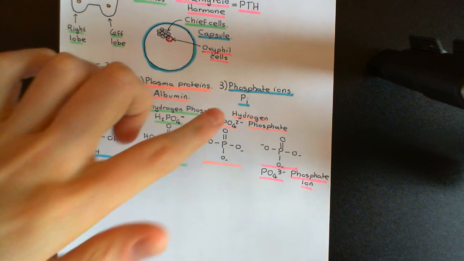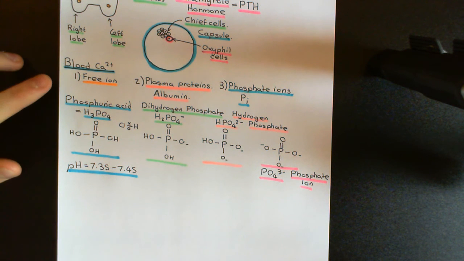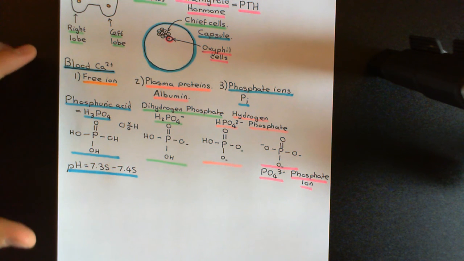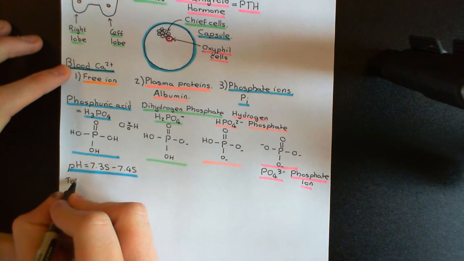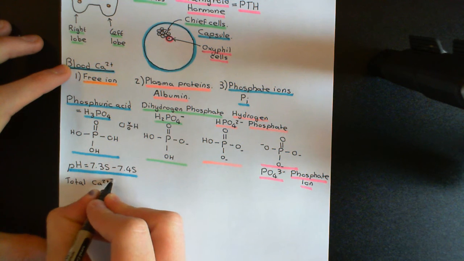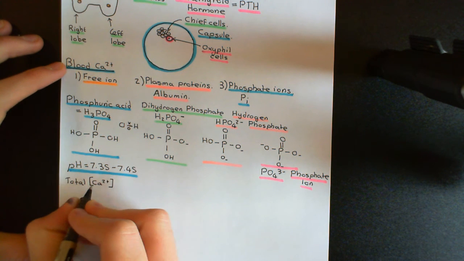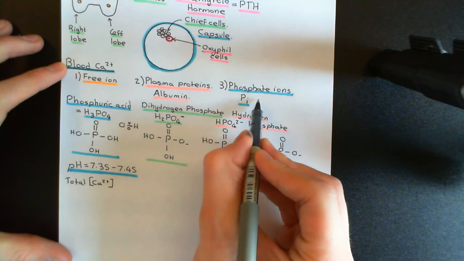So those are the three forms in which calcium can exist within the blood. Now this is important so that you understand the difference between total blood calcium level and the actual free ion calcium concentration. So when we talk about total blood calcium concentration, or just total calcium concentration, like so, that means the concentration of calcium ions in all three forms.